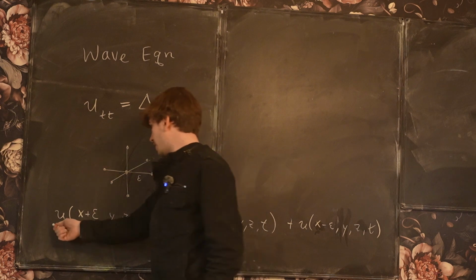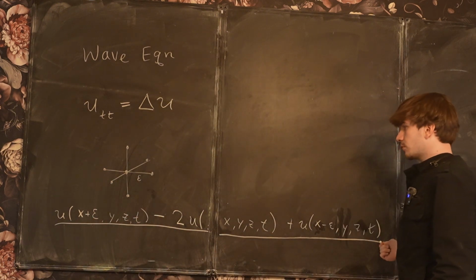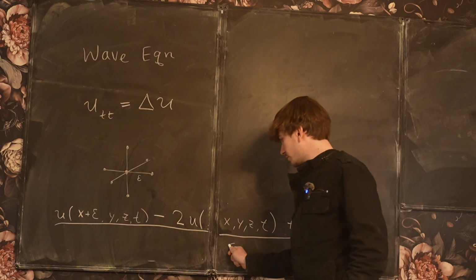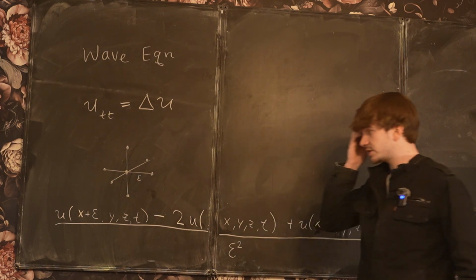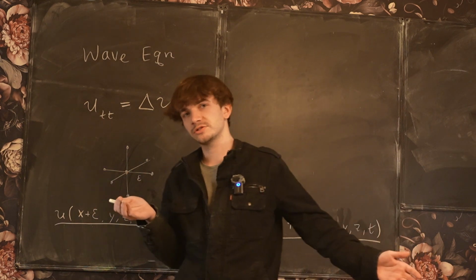And then I'm going to divide this expression by epsilon squared. This gives me the discretization of the second derivative in the x direction.